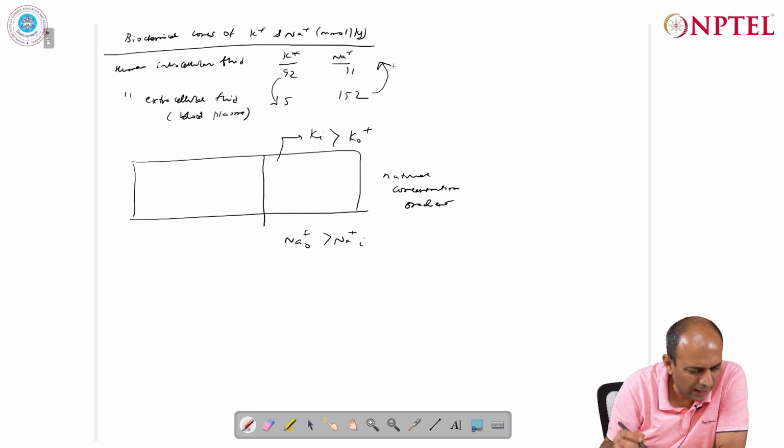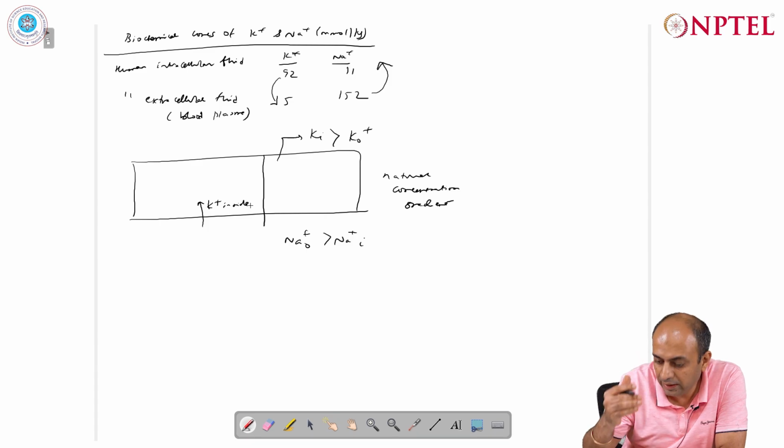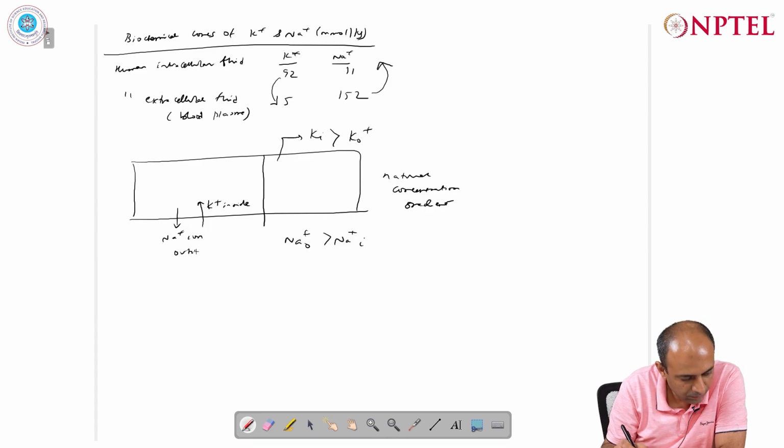But what we actually need in these biochemical processes is uptake of potassium ion. So potassium ion has to be taken inside, and this is against the concentration gradient, and the sodium ion has to come outside.